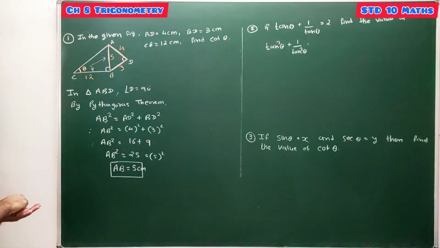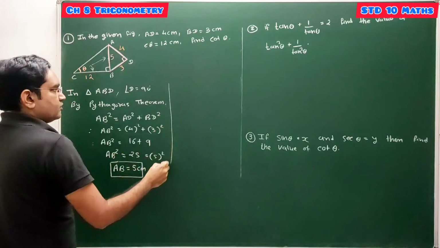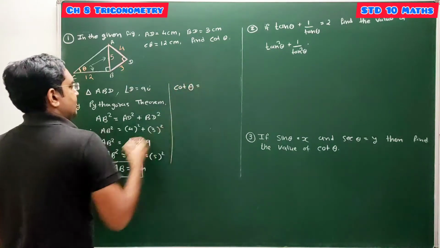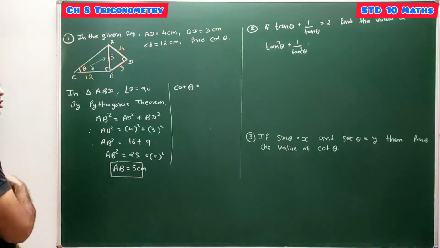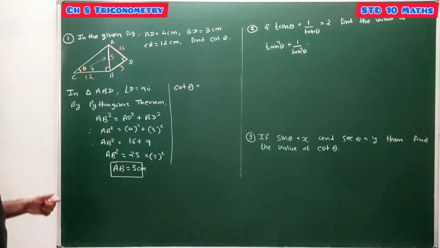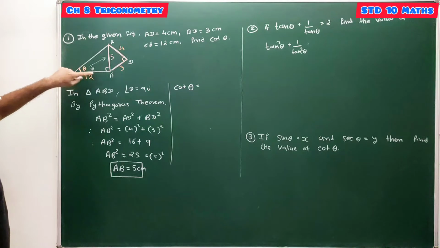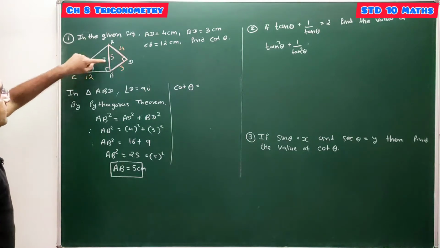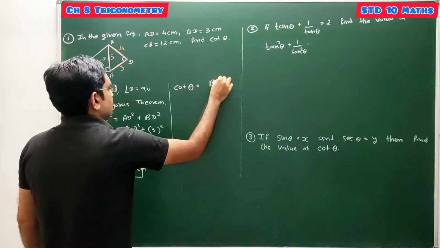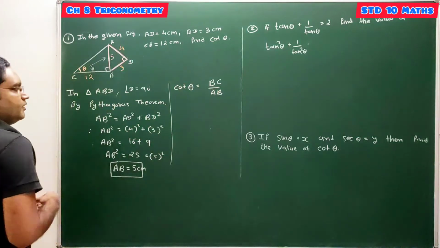So now the question is find cot theta. So now we'll use the definition of cot theta. Cot theta is the reciprocal of tan theta, because we know the definition of tan theta. Tan theta is opposite side by adjacent side. So the reciprocal is adjacent side upon opposite side. So cot theta is BC upon AB.